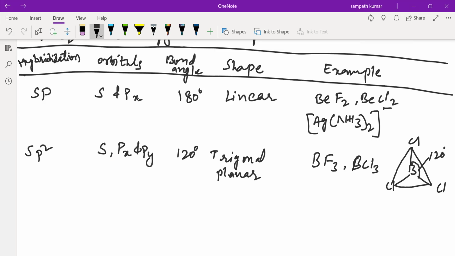Next, the third one, sp3 hybridization. Which orbitals take part? The s orbital, px orbital, py orbital and pz orbital. What is the bond angle? 109 degrees 28 minutes.